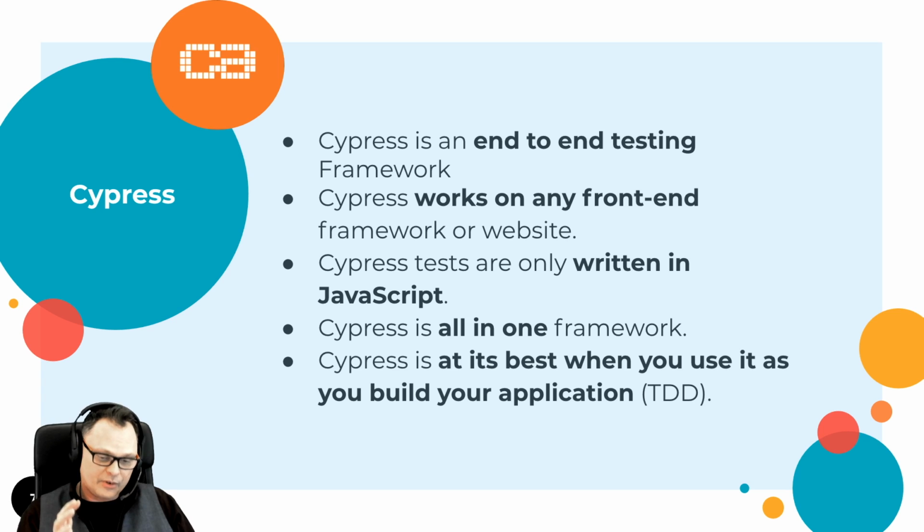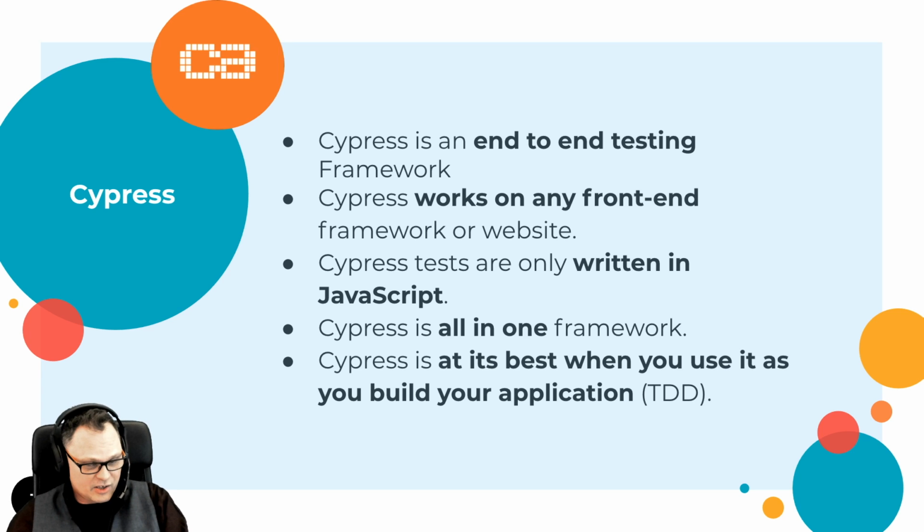But having said that, since we are working with user interfaces, and user interfaces need to look in a specific way, colors, fonts, placement on screen, that is also something that Cypress brings to the table, because it actually opens your application in a built-in browser, so you get to see things as your users will experience them. So that's a good thing.